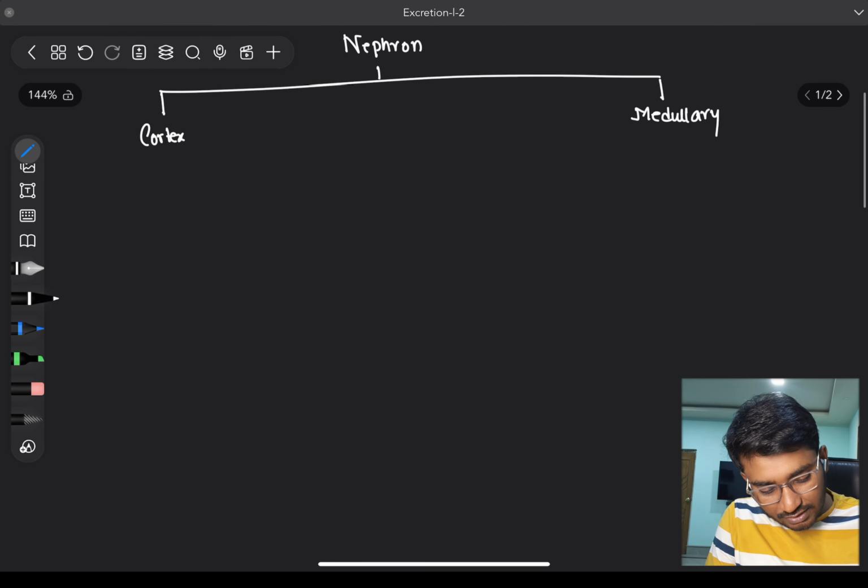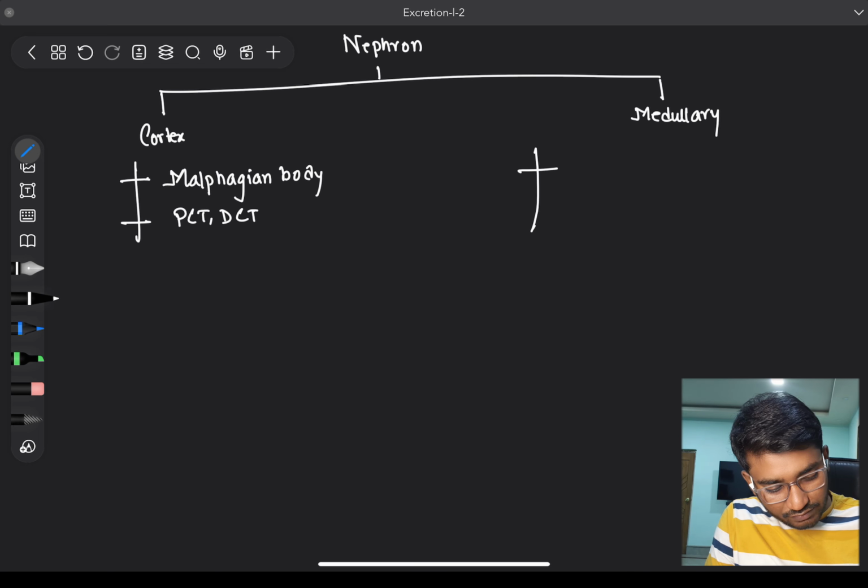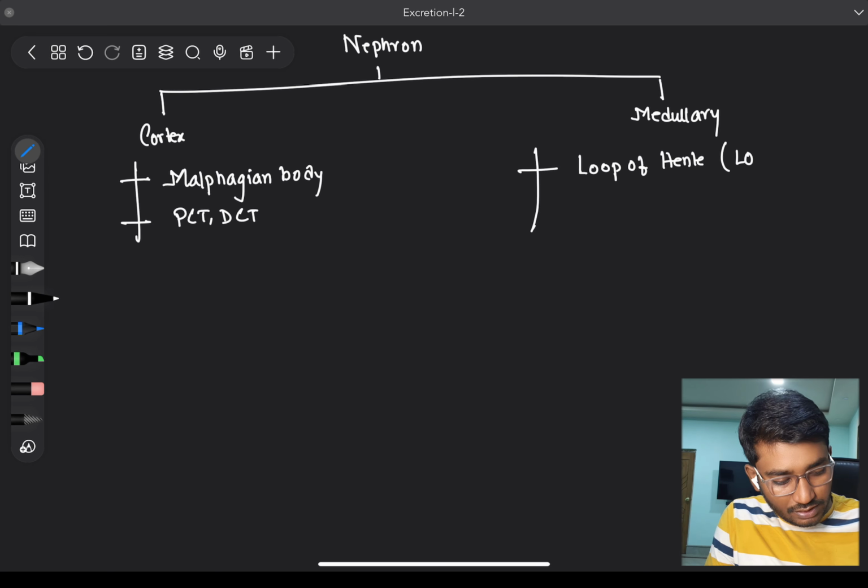The cortex consists of the Malpighian body and the PCT or DCT. And the medullary part consists of the loop of Henle, called LOH, and the collecting duct.